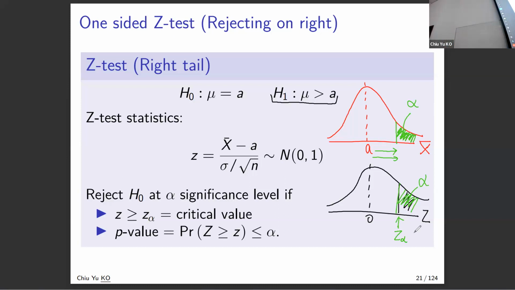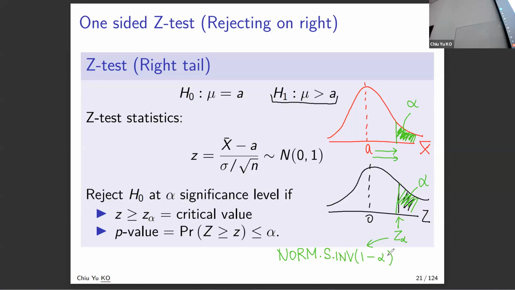To remind yourself what this is, in Excel it will be NORM.S.INV of 1 minus alpha. That is the number you look up in the table, and see this number.